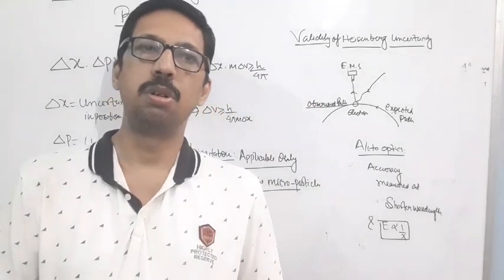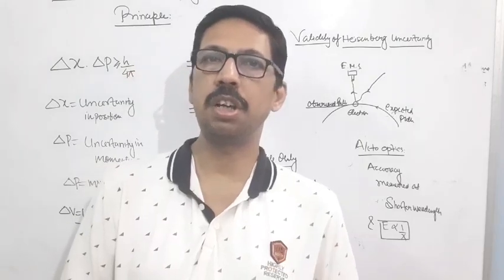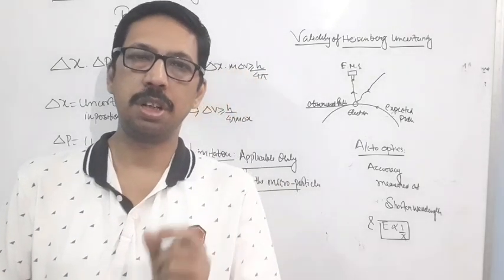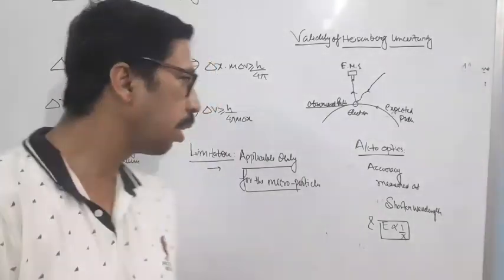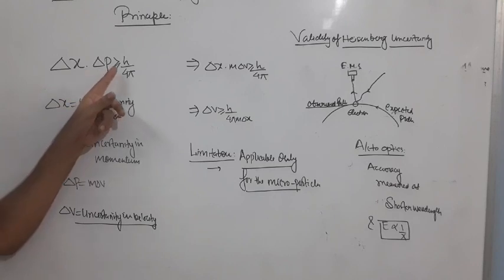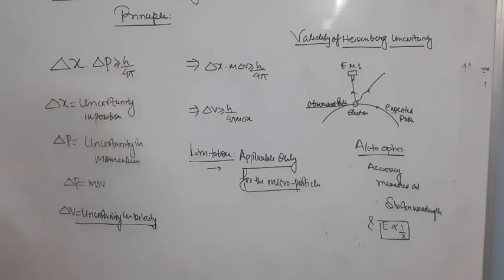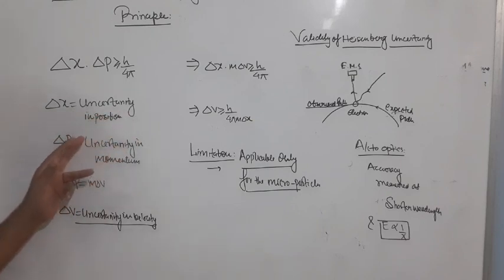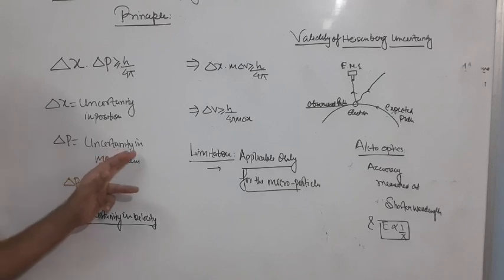Now, the Heisenberg uncertainty principle can be represented in mathematical form like del x dot del p greater than or equal to h by 4 pi. Del x represents uncertainty in position and del p represents uncertainty in momentum.